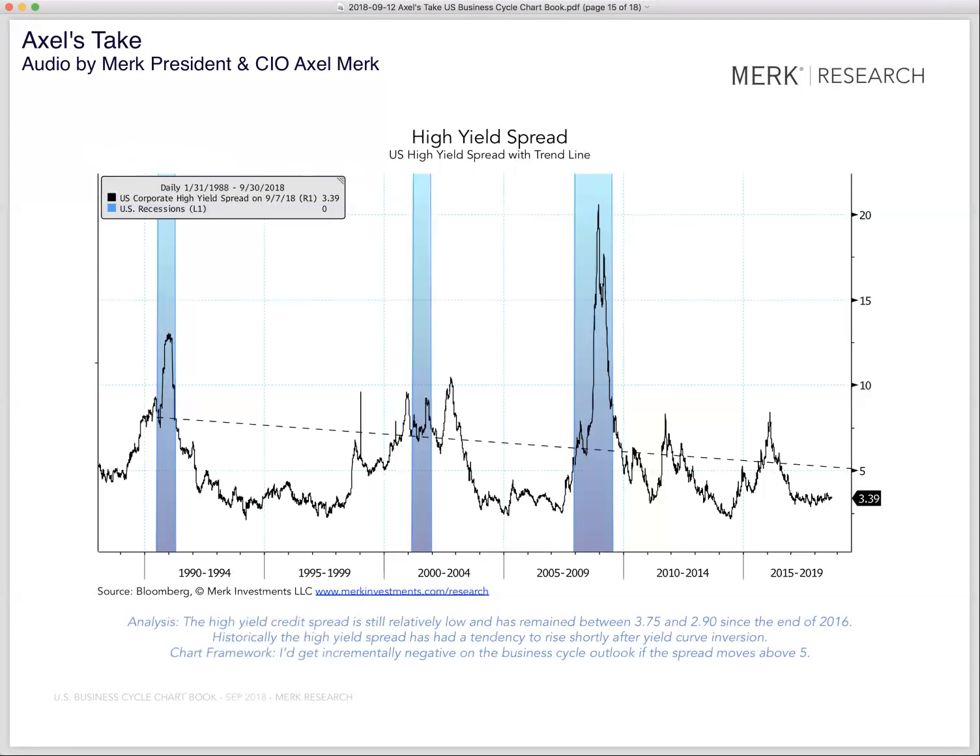I attribute that mostly to the type of investors that buy these, who may well prefer a quote unquote safe treasury security, because there you take on interest rate risk, but you're not taking on the credit risk of the issuer, because the U.S. government can always print itself out of trouble if they really wanted to.